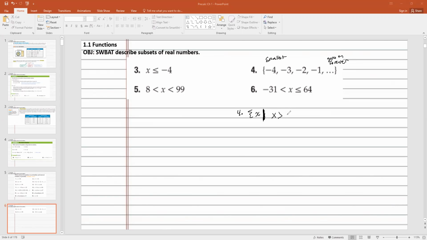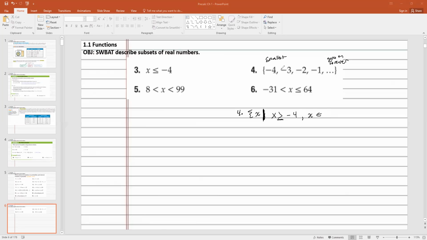So x is greater than negative 4, but it also includes negative 4. There you go. Now the thing about this one, we want the x to be elements of, notice how it doesn't include decimals.